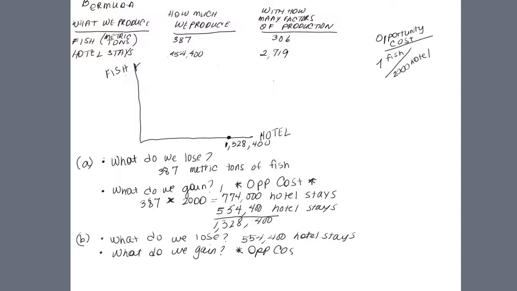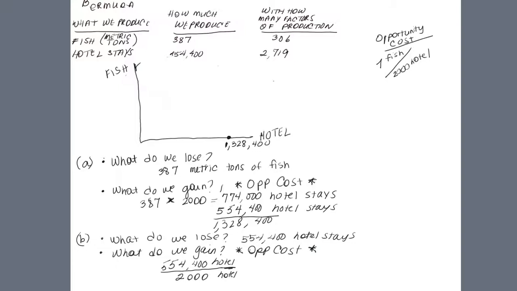So I'm going to take 554,400 hotel stays, I'll put that here, and divide by 2,000, because for each one of the 2,000 lost, we get 1 metric ton of fish caught. Just put that in the calculator real quick. And we have 277.2 metric tons of fish.